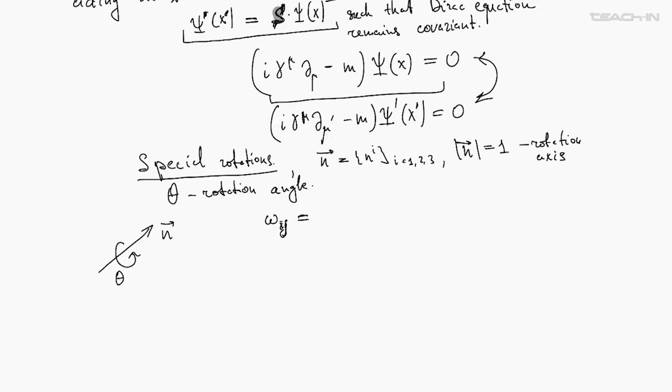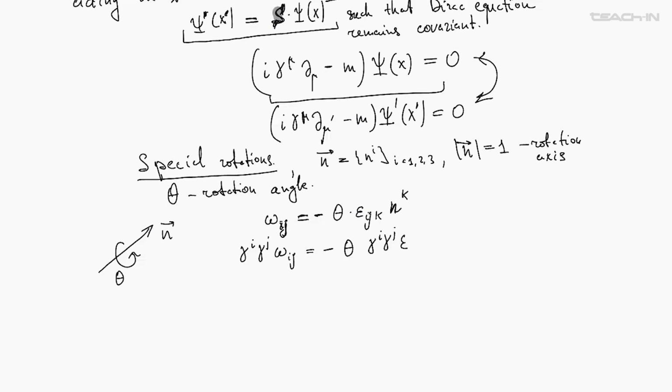This is minus theta, the rotation angle, multiplied with epsilon_ijk multiplied with n_k. So this is the infinitesimal matrix of such a transformation. And then what you can do is compute gamma_i gamma_j multiplied with omega_ij. This gives you minus theta gamma_i gamma_j epsilon_ijk n_k.